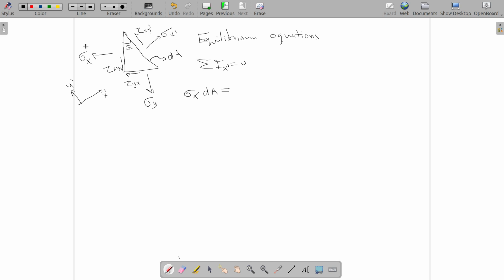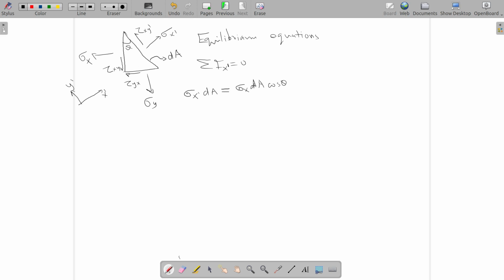So this will be equal to sigma x dA cos theta. If this area is dA, this area will be dA cos theta.